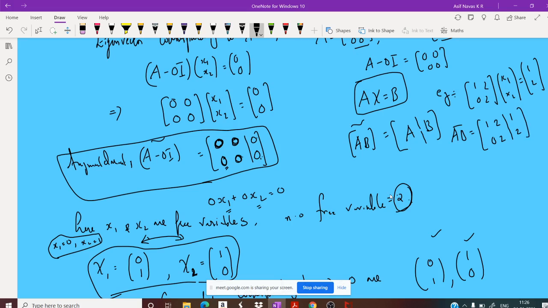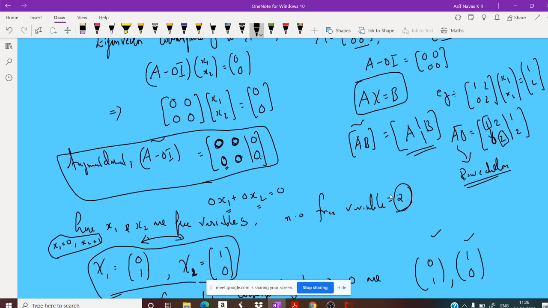Now after finding the augmented matrix, you have to convert it into row echelon form. How do we convert to row echelon form? You have to find the pivot and make the elements in the column below that pivot equal to 0.